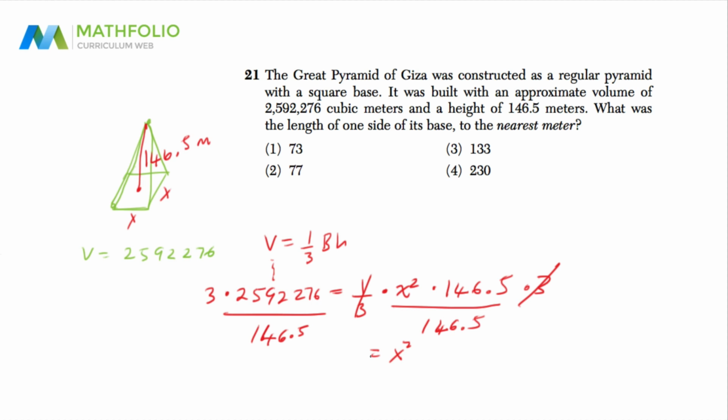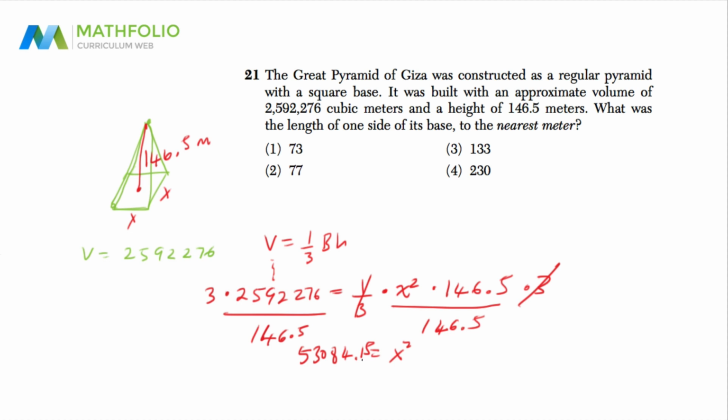And so now we would get x squared equals, so now I'm just going to throw all of this into the calculator. So 3 times 2592276, and take that number, divide by 146.5. So at the moment I've got x squared equals 53084.15, and there's more numbers as well. So now I've got to square root both of those.